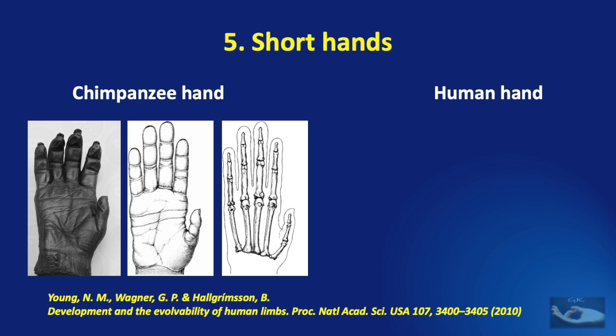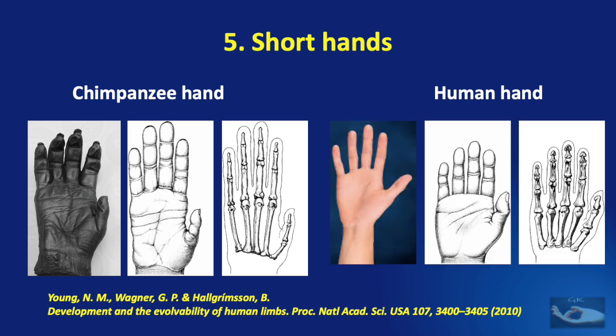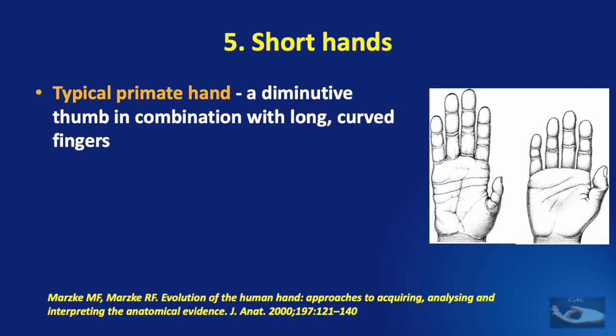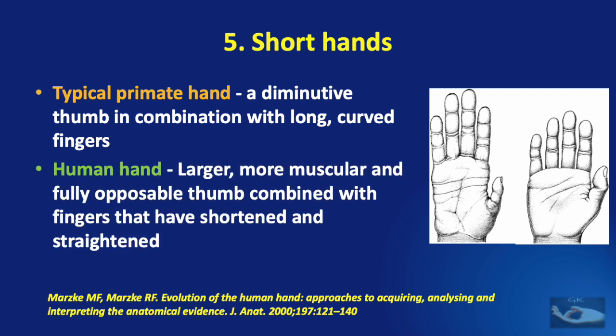When we compare the chimpanzee hand and the human hand, we find many striking differences. The typical primate hand has a diminutive thumb in combination with long curved fingers, whereas the human hand has larger, more muscular and fully opposable thumb combined with fingers that have shortened and straightened.